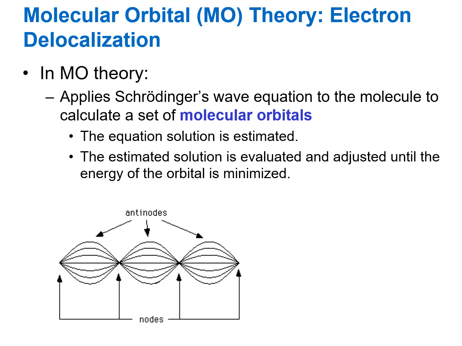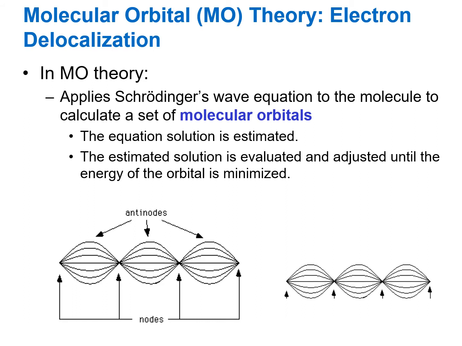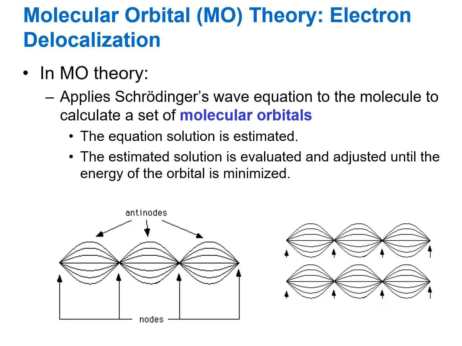Now, why is this antinode and node business important? Well, let's say that we were an atom and we were looking to have our electrons create a covalent bond with an approaching atom. As long as the approaching atom's electrons were in a very similar phase as our own electrons, we might create a union. Because look, my electrons at this point in time are very available, and the electrons of the incoming atom are also equally available, so the likelihood that some sort of union could be created is pretty strong.